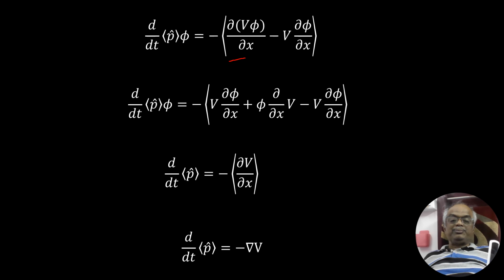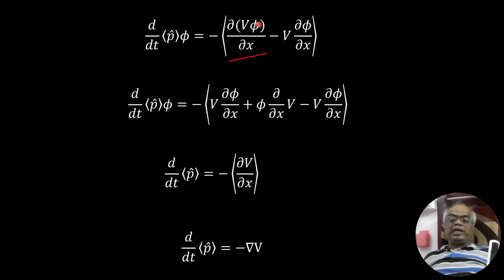First you expand the first term of the right hand side. This is a UV differentiation. So first you keep V as it is and differentiate ψ, so this will become V ∂ψ/∂x.